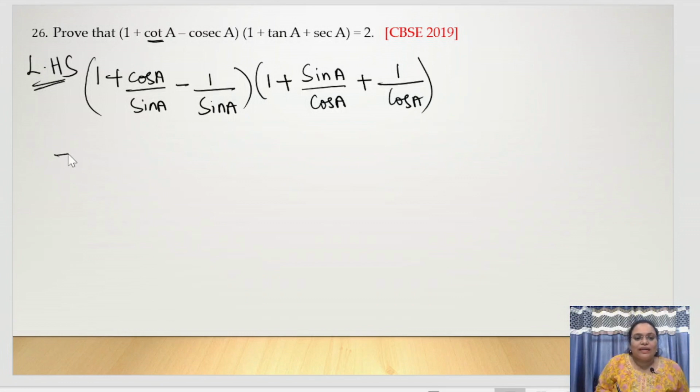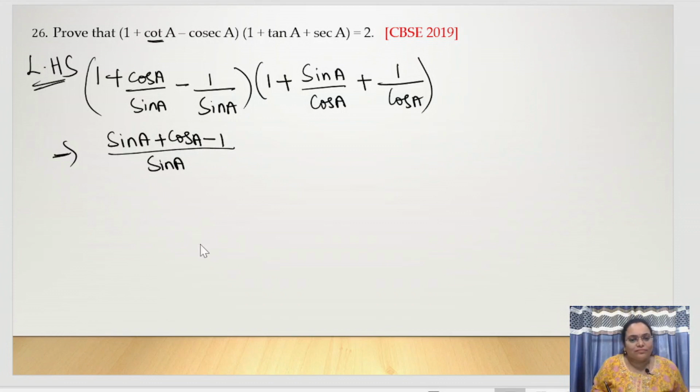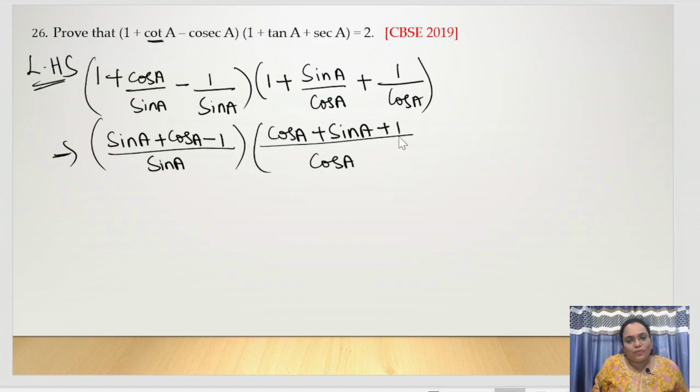So let us take the LCM for these both. Sin A will be the denominator. You will get sin A plus cos A minus 1. Let us take the LCM here, which is cos A. In the numerator, you will get cos A plus sin A plus 1.